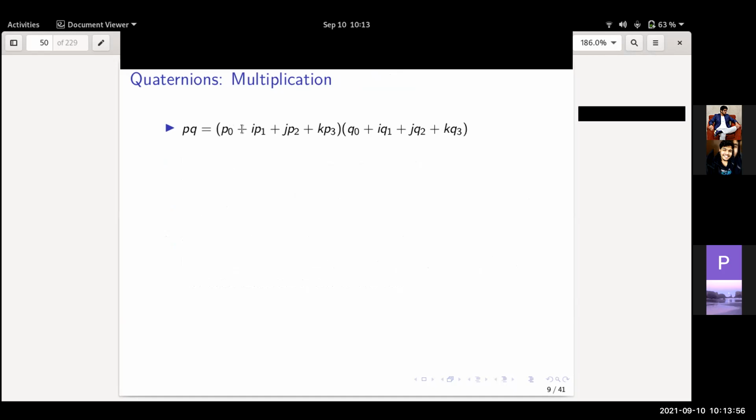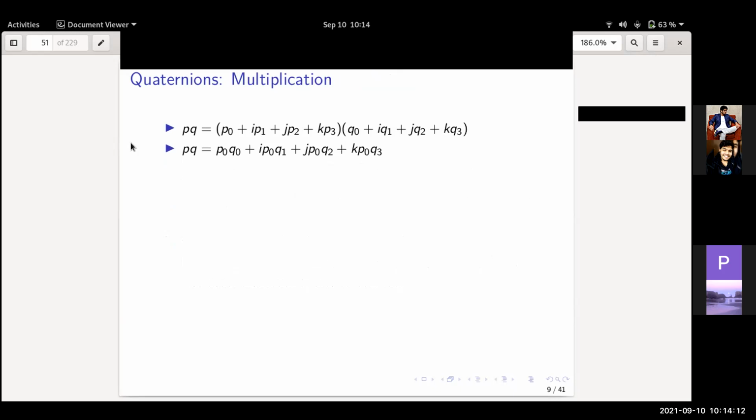This is the expression we have: p naught plus ip1 plus jp2 plus kp3 multiplied by this one. So p naught multiplies everything, ip1 multiplies everything in the second term, jp2 multiplies everything, and similarly kp3.